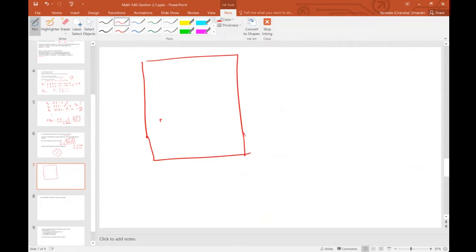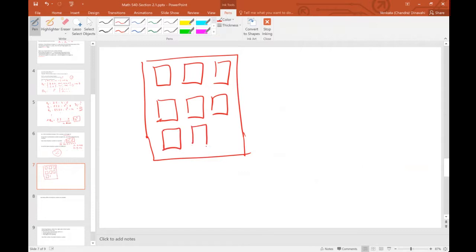This is the way the telephone pad looks. Again, feel free to have the telephone pad in front of you. You will have 1 here.